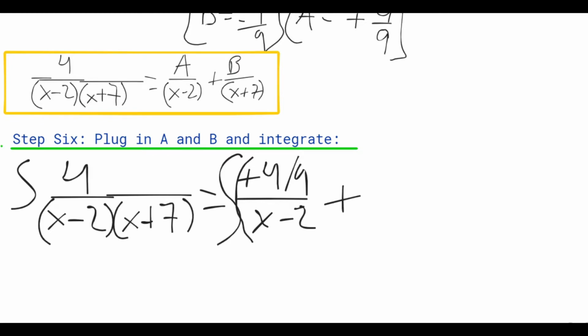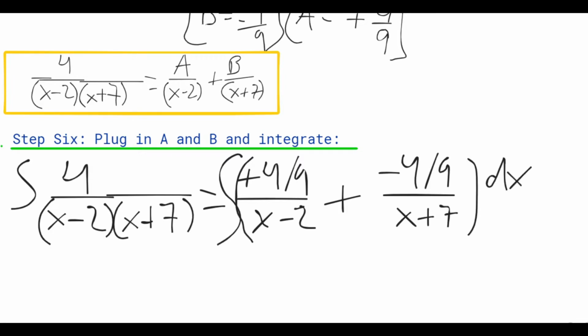What is b? B is minus 4 over 9 divided by x plus 7. And all this is being multiplied by dx.